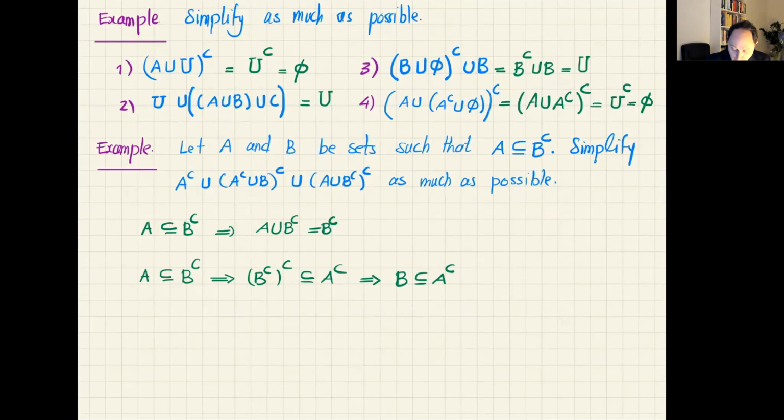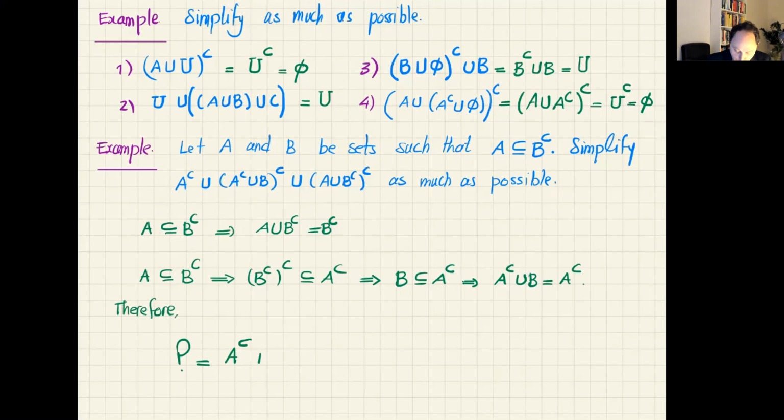And now again, I am telling you what happens if I union these two. I know that this set is a subset of this one, and now I am unioning them. The answer becomes this one, the bigger one. Okay, so therefore, the question mark is equal to... In the question mark, I have A complement, so I don't know what to do with that, so I have to write it.